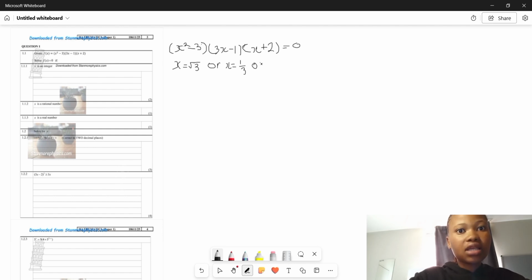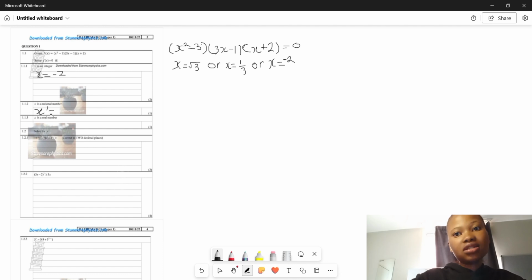Now we have x is equal to root of 3, x is equal to 1 over 3, and x is equal to negative 2.